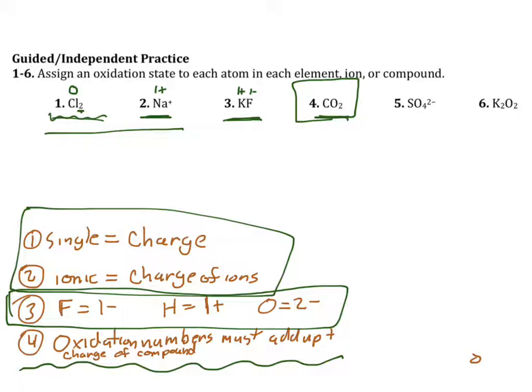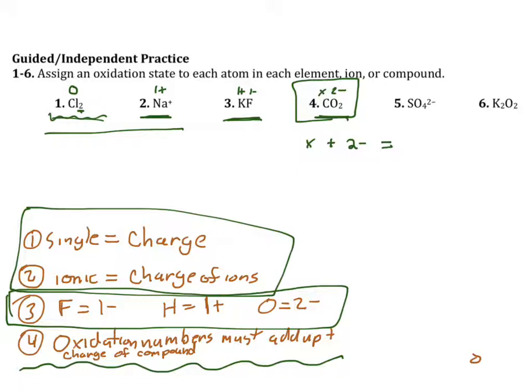So let's go ahead and take a look here. According to rule number 3, we assign oxygen a 2-. Now, we don't know what carbon is, so we're going to call it X. But what we do know is that whatever carbon is, when we add it with the oxidation number of oxygen, it will have to add up to the overall charge of the compound.